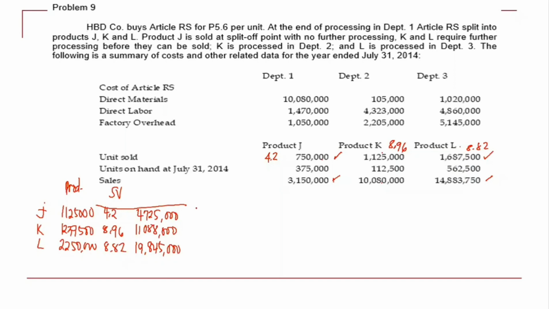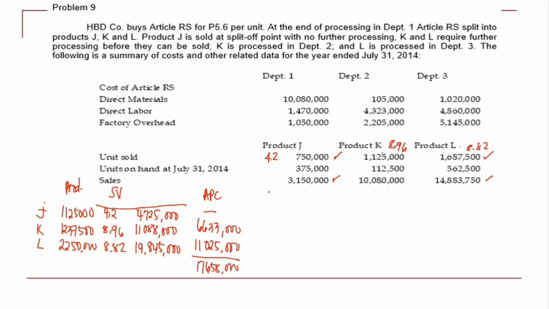Di ba NRV tayo? So susunod natin, ima-minus natin yung additional processing cost. Wala kay J, di ba? Tapos 6 million pala, 633,000 kay K, and 11,025,000 kay L. Di ba? It's 17,658.